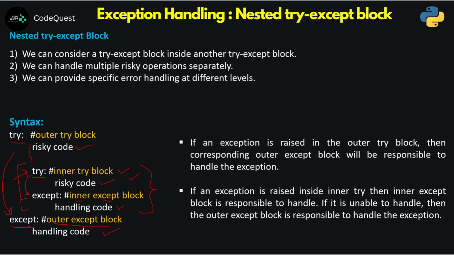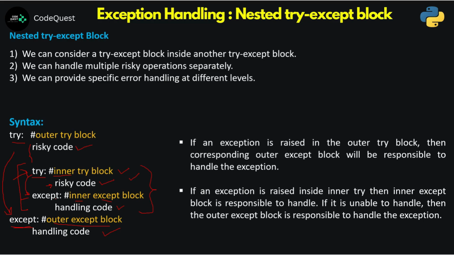Now in case of the inner try block, if there is an exception in this particular risky code, then the first and foremost responsibility comes to the corresponding except block, which is called the inner except block. There are two chances here: this inner except block may be able to handle this exception or may not.